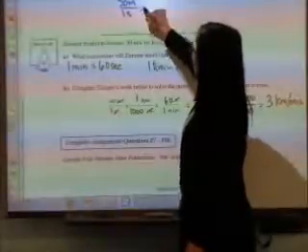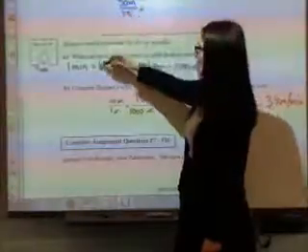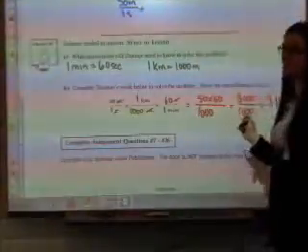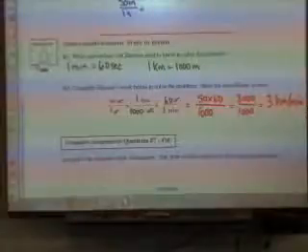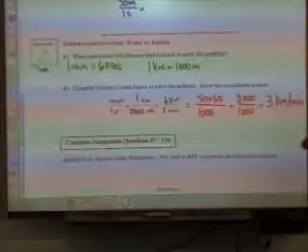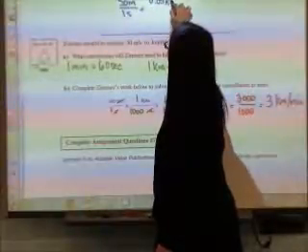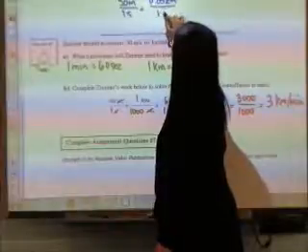So I could do my conversions one step at a time. I wouldn't have to set it up as a unit analysis, and I would still end up with my 3 kilometers per minute in the end. Because this would become 0.05 kilometers for every 1 second.